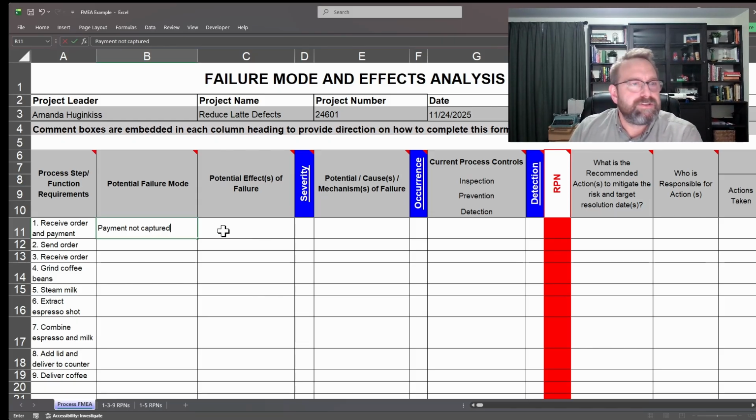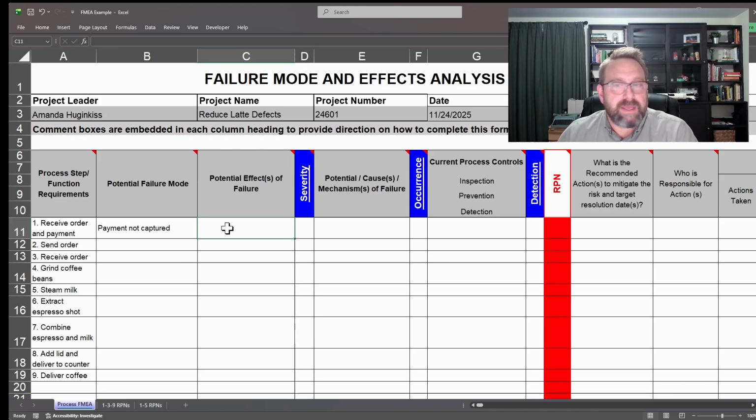So maybe there's a failure in the payment. They scan the card, something isn't processed, isn't run through, the card's declined, that kind of thing. Or I guess you can have another thing where maybe they took cash, but they did not properly enter the cash or whatever.